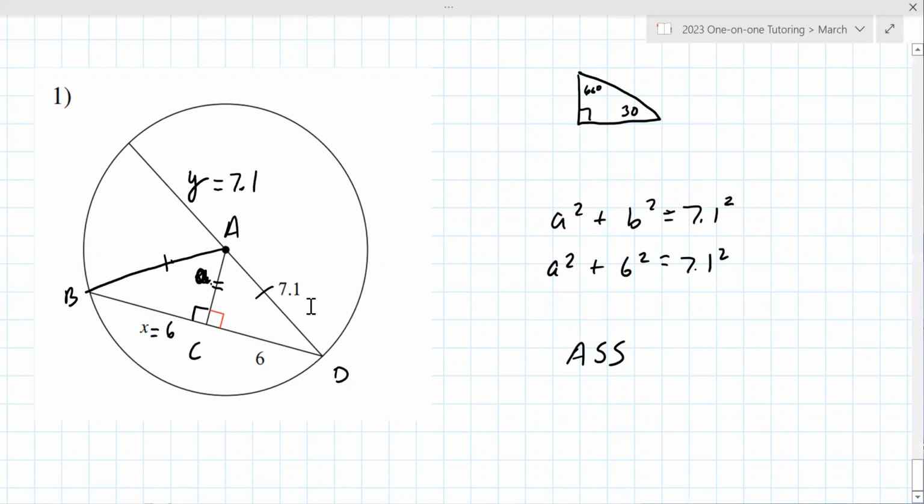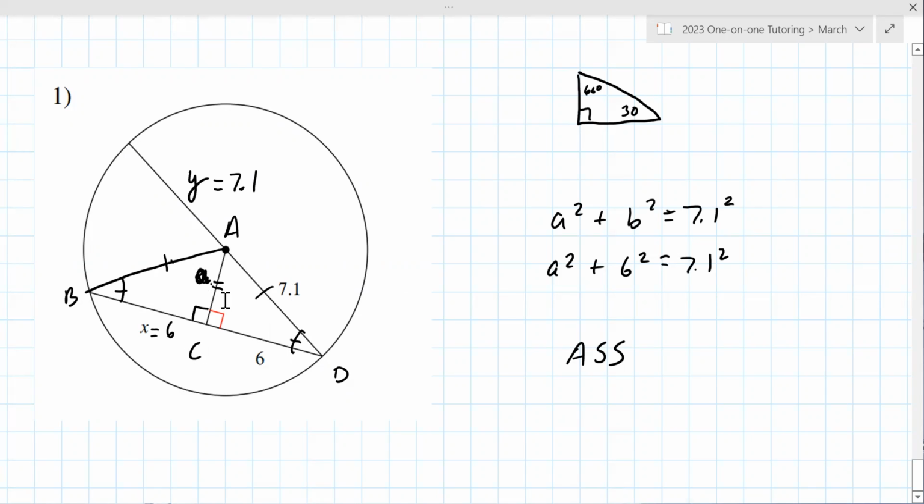Well, look at the big triangle. What kind of triangle is the big triangle? Two sides are congruent. Isosceles. Yes, which means the base angles are congruent. And you might think, well, that doesn't help.